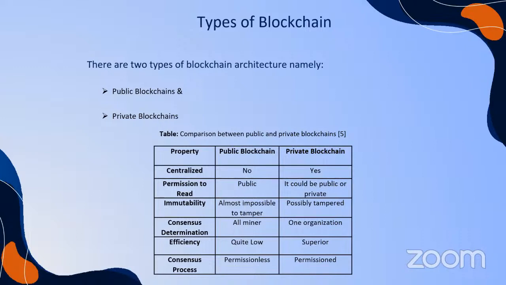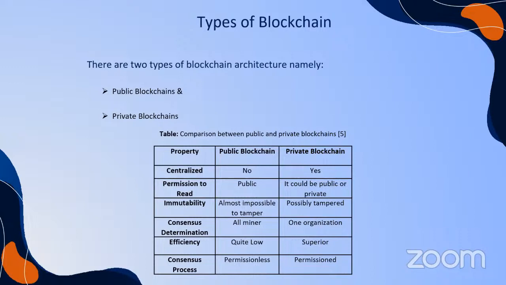This is a comparison between public and private blockchain. A public blockchain is decentralized, while a private blockchain may be centralized, because it is governed by a particular organization. Permission to read is public in a public blockchain; in a private blockchain it could be public or private, depending on the organization.